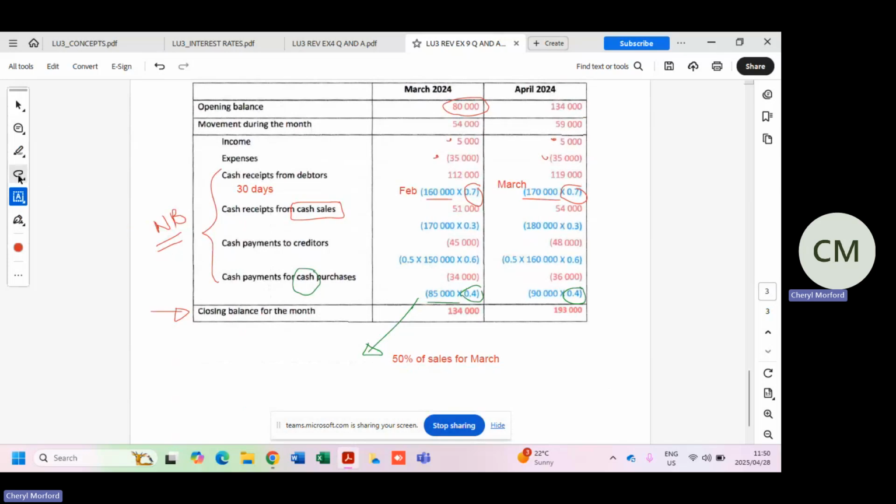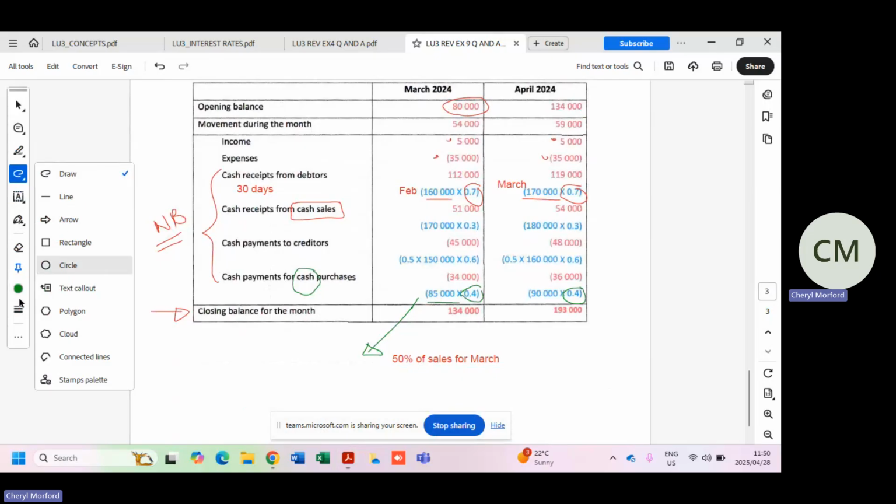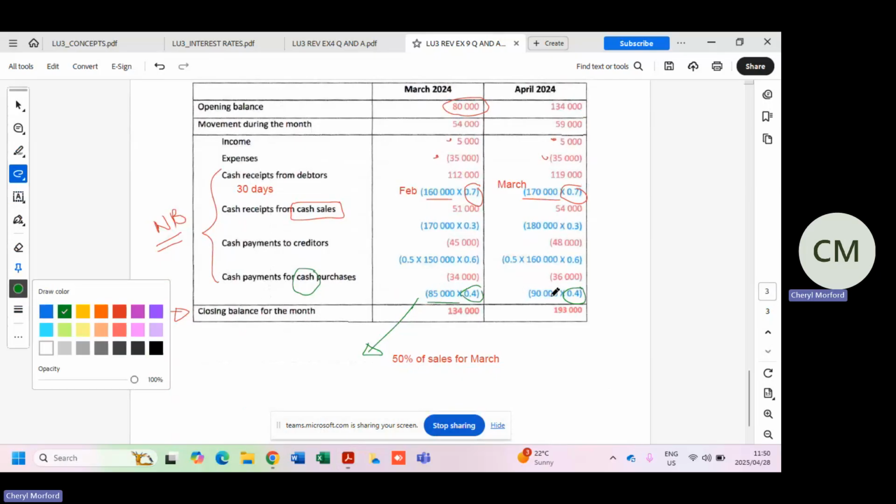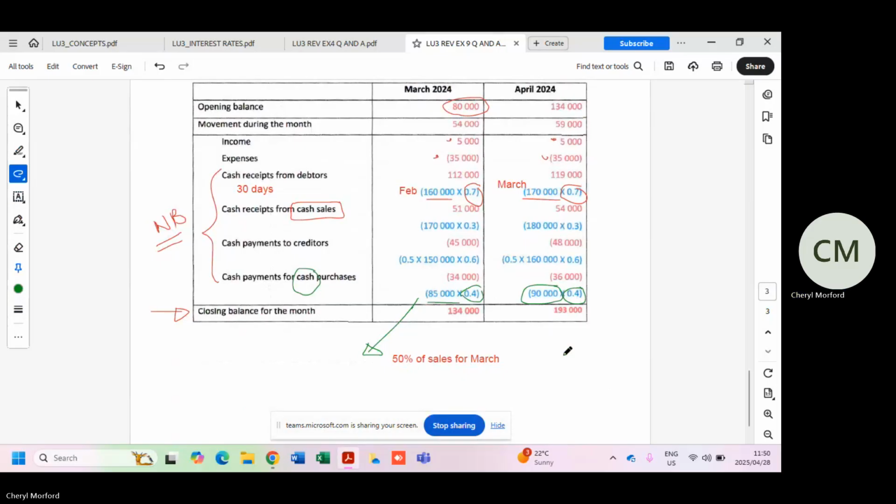Now let's do the same for the other month. So first of all, besides the 40%, where does this come from here? I'm needing to have my purchases. And if you remember that the purchases are going to be the cost of sales. And what's the cost of sales?